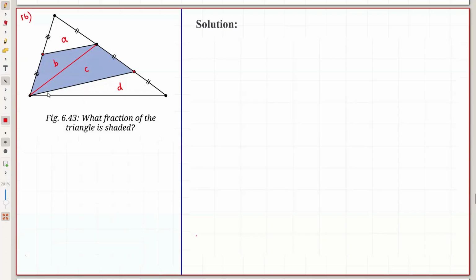If I join these two lines, now this is the median, which divides it into two equal triangles. So area of C is equal to area of D. Area of A is equal to area of B.